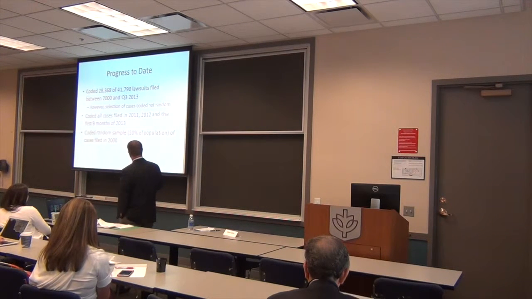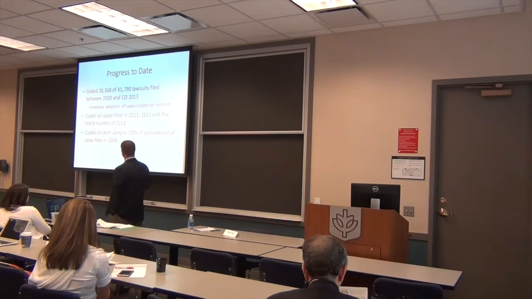So far we've coded over 28,000 of nearly 42,000 lawsuits filed between 2000 and the end of Q3 2013. And as I suggested, our selection of cases to code has not been random, which means that even though we have 2/3 of the cases coded, we can't really use all of those cases for a lot of analysis.